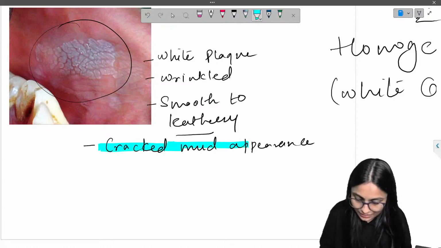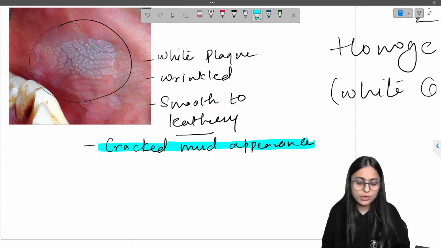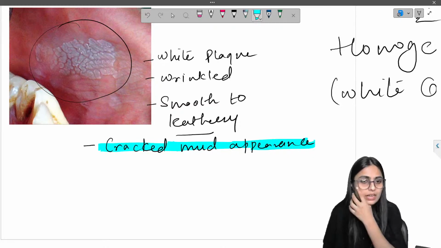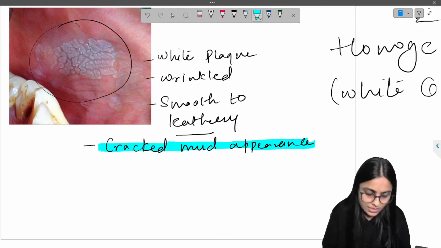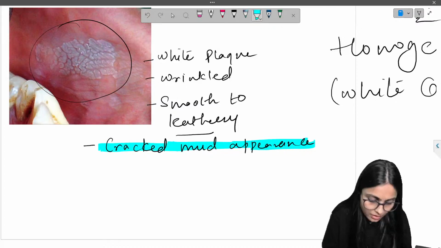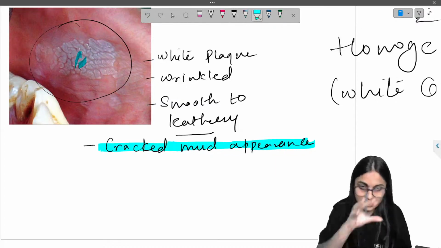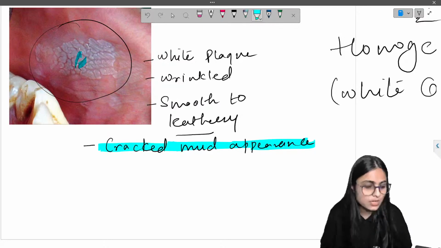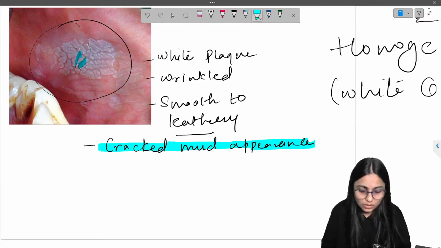Homogeneous leukoplakia has a cracked mud appearance. Can you see these cracks? Fissures are there inside this lesion. We call it a cracked mud appearance.